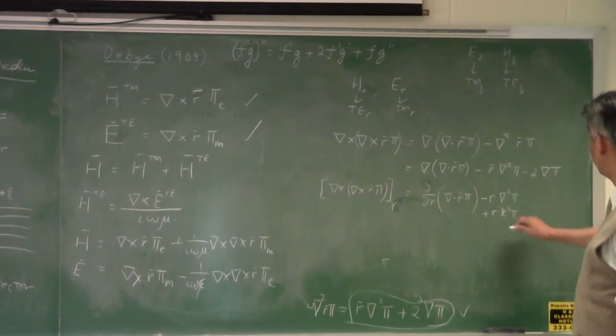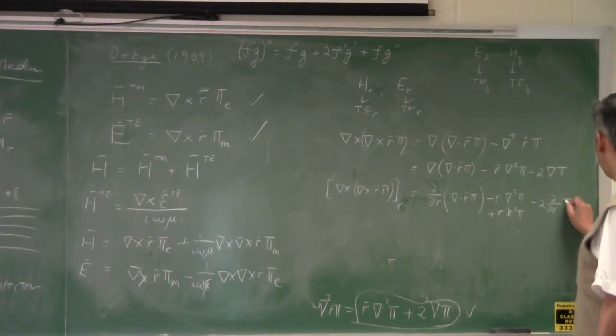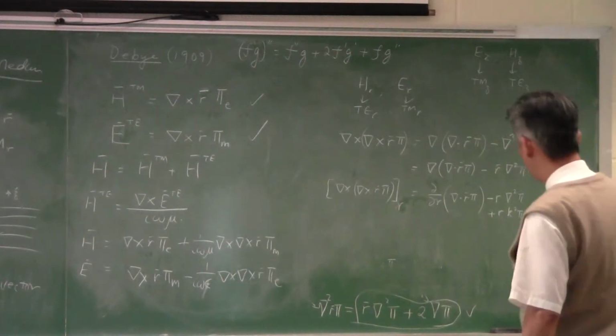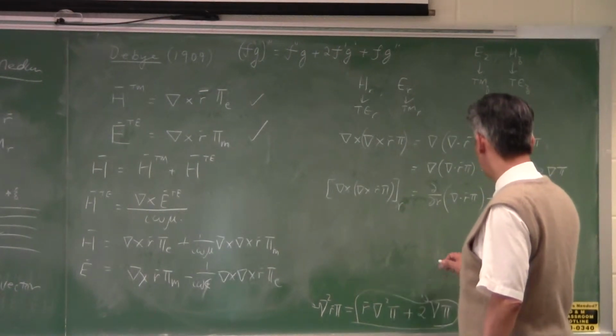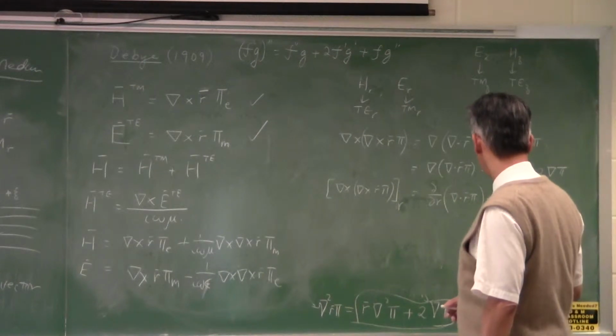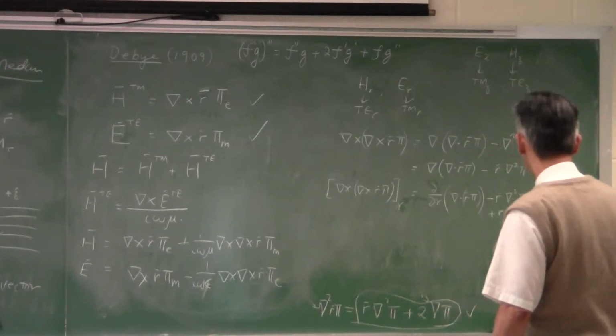Okay, this term gives me that, and then I will have 2 partial r of pi, and the divergence of r pi. If you remember what that is, that would be equal to having 2 terms, I believe.